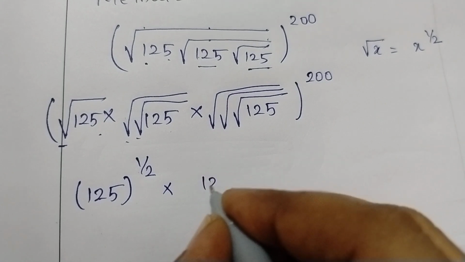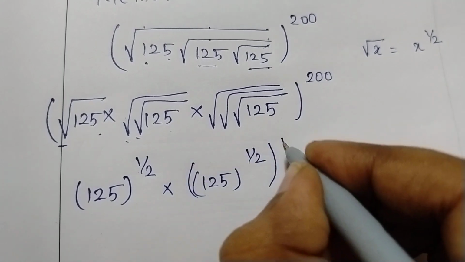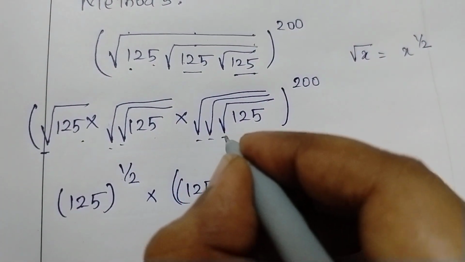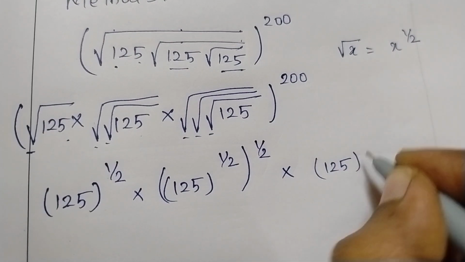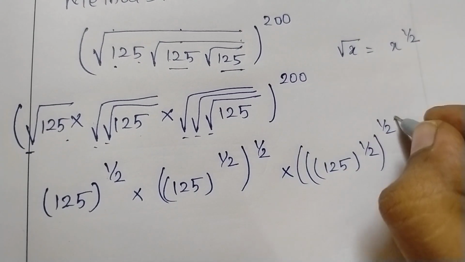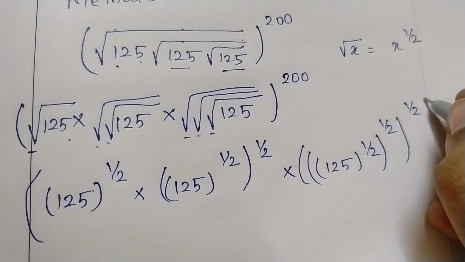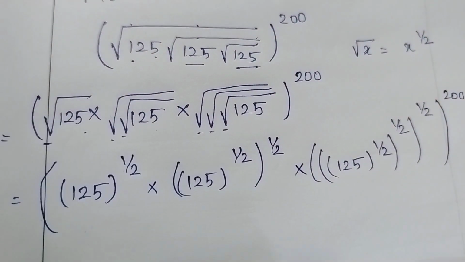So therefore 125 to the power of 1 by 2 and to the power of 1 by 2 into, here how many roots are there? 3 roots. So therefore 125 to the power of 1 by 2 and to the power of 1 by 2 and to the power of 1 by 2. So 3 times. So the whole power 200, which is equal to.